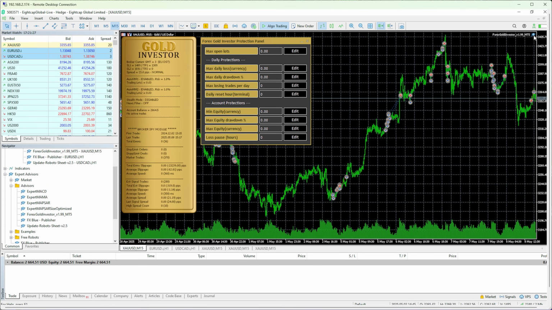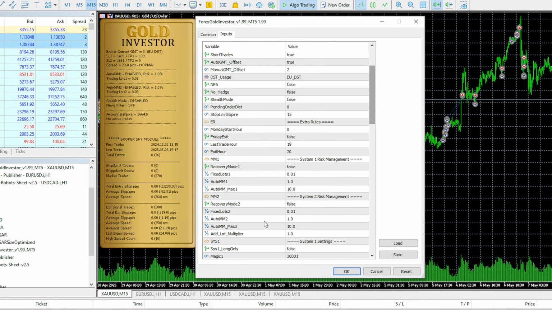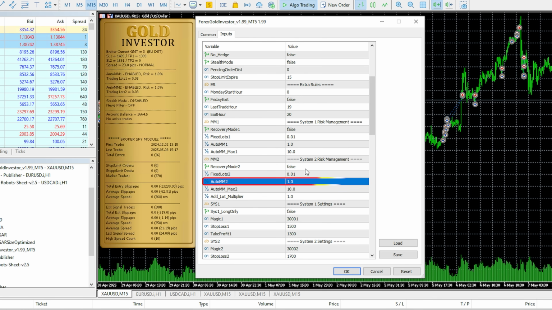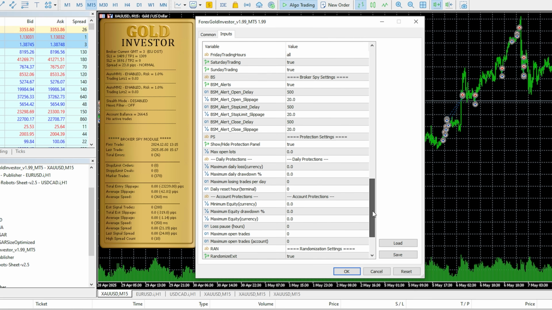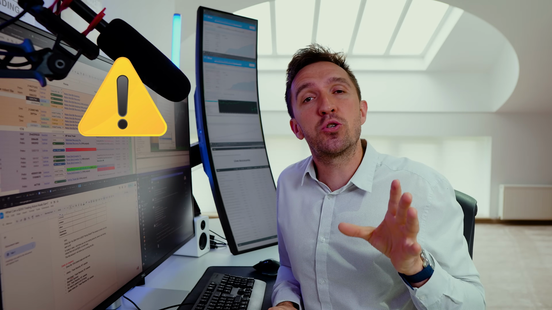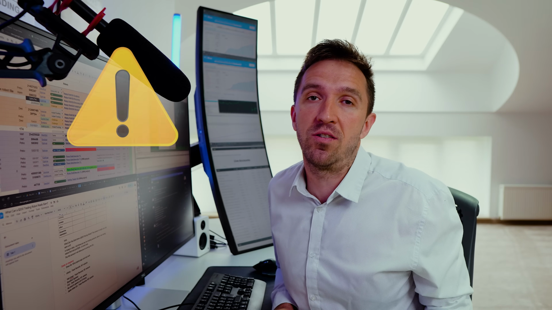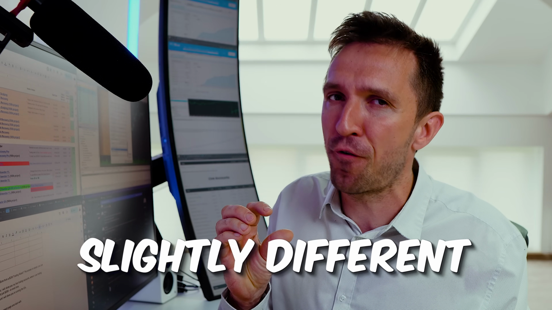So if I show you the inputs, you will see that I am risking 1% in this account for both of the systems, system number 2 and system number 1. And if I scroll down to the bottom, you will see that my randomization setting is true, and I keep this true in all of my accounts. And that might be one of the reasons sometimes you see different trades, but they should be slightly different, right?